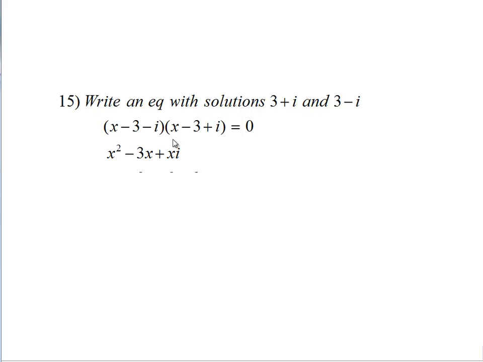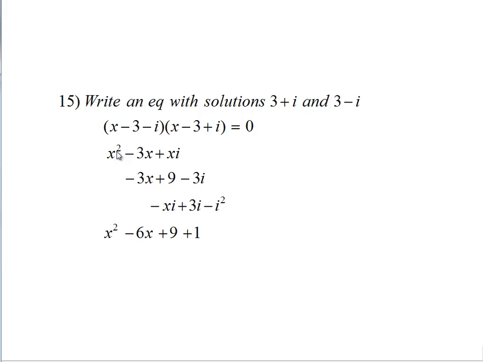Minus 3 times 3, minus 3 times i. So it's minus 3x plus 9 minus 3i. Then you take i times x, i times 3 is positive 3 with an i, and i times i is minus i squared, which turns into a positive 1.